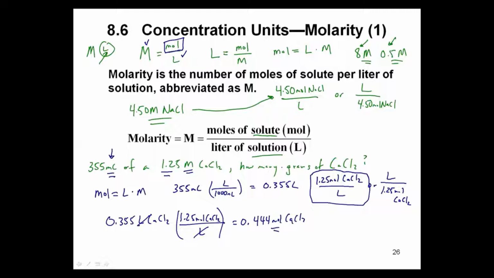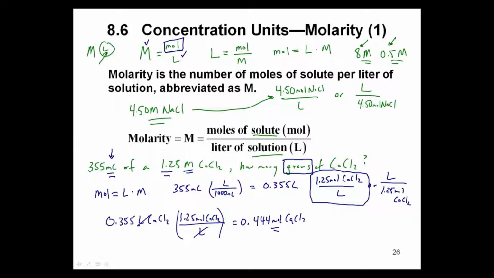Very common when you're dealing with molarity, you often want things like grams, or you're given the information in grams. And we know that if we want to go from moles to grams or grams to moles, the thing that we need is the molar mass from the periodic table. So if we go to the periodic table, it's 40.08 for the calcium. And there are 2 chlorines, each at 35.45, again from the periodic table.